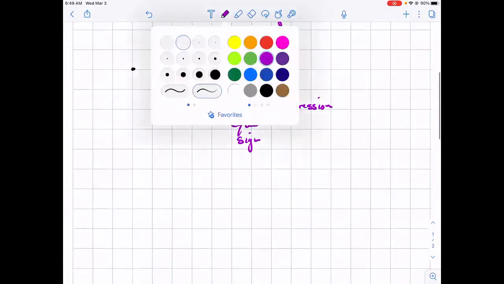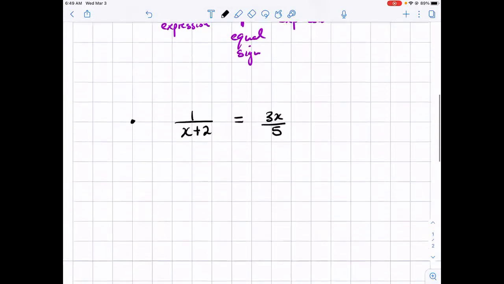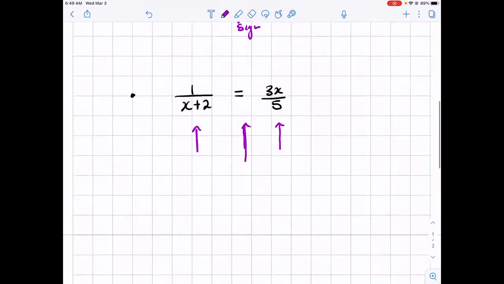If we look at another equation, we have 1 over x plus 2 equal to 3x over 5. So here we have the expression on the left of the equal sign, here is the equal sign in the middle, and here is the expression on the right.